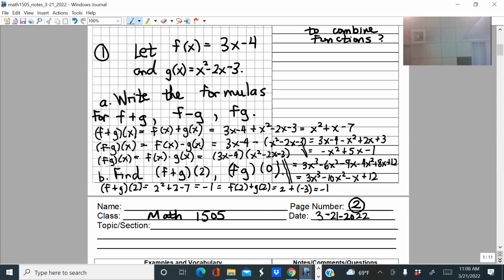We have the formula for f times g, so we could plug 0 into this formula, or we could just immediately use the formulas for f and g to compute f times g of 0. So let's try that. f times g of 0 would be equal to f of 0 times g of 0.